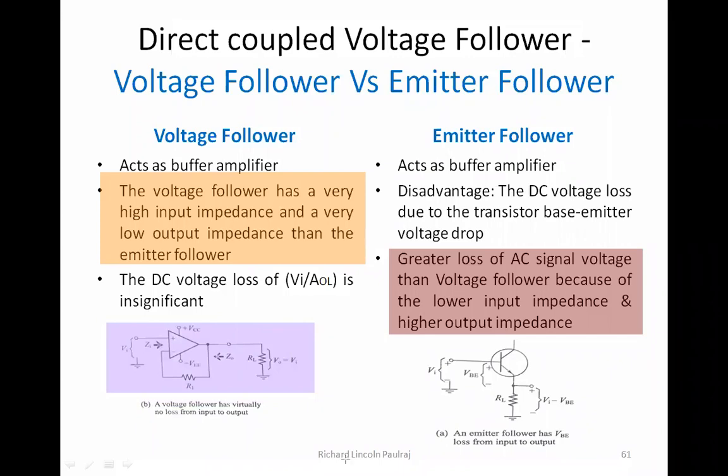Yes, are you all there? Non-inverting. Yeah, very good. So this is a non-inverting configuration.